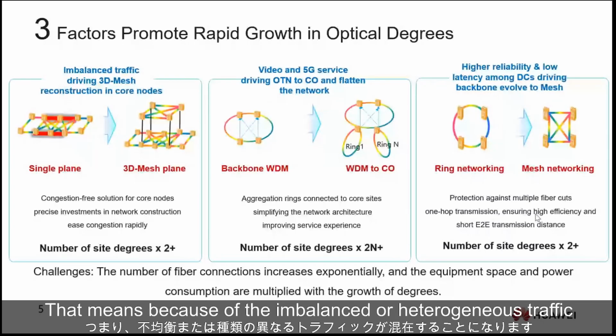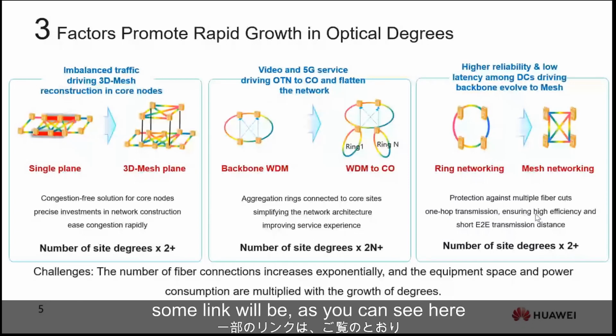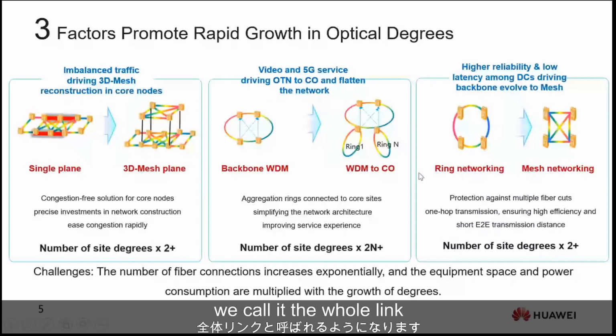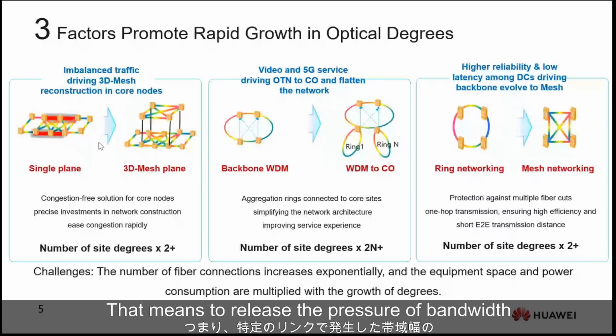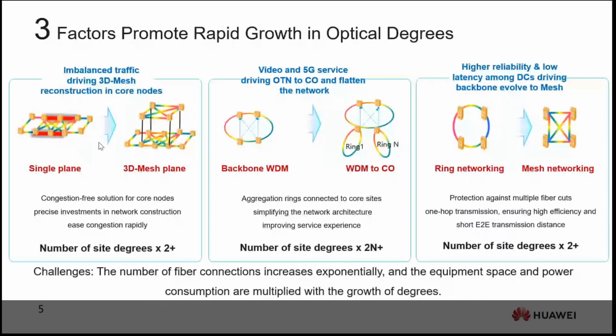That means, because of imbalanced or heterogeneous traffic, some links will be, as you can see here, what we call hot links. So we need to reconstruct the whole network into 3D, to release the bandwidth pressure on some specific links.